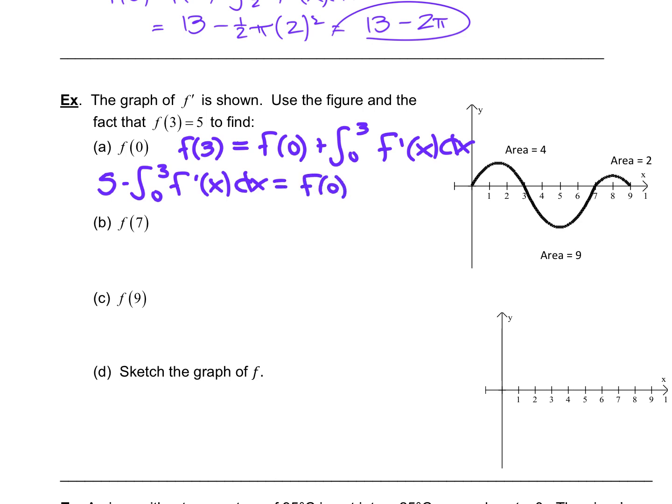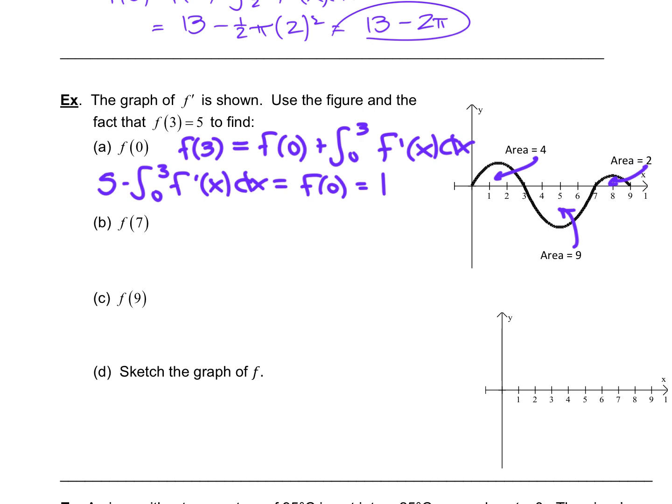All right, so they give me my different areas. Like this area is this, this area is this, this area is that, right? So I'm doing 0 to 3, which happens to be 4. So 5 minus 4 just gives me f of 0 is 1.